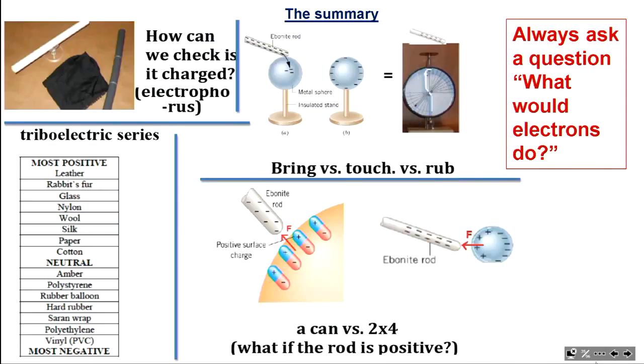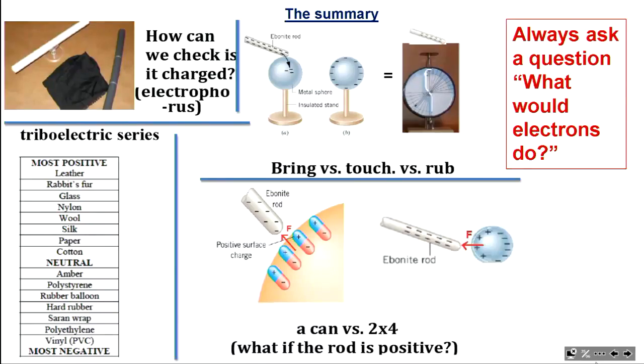Now, how do we know when the bat or a rod becomes positively charged or negatively charged? Well, it's been studied for hundreds of years. Now we know if we take two pieces and bring them together, one becomes positively charged, the second becomes negatively charged. And there's a table which tells us which will be which.